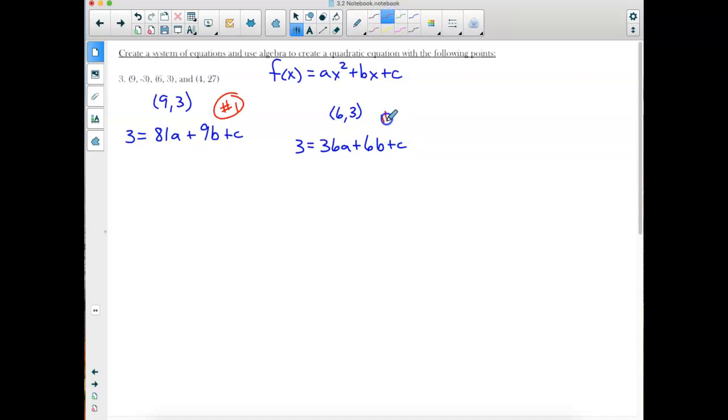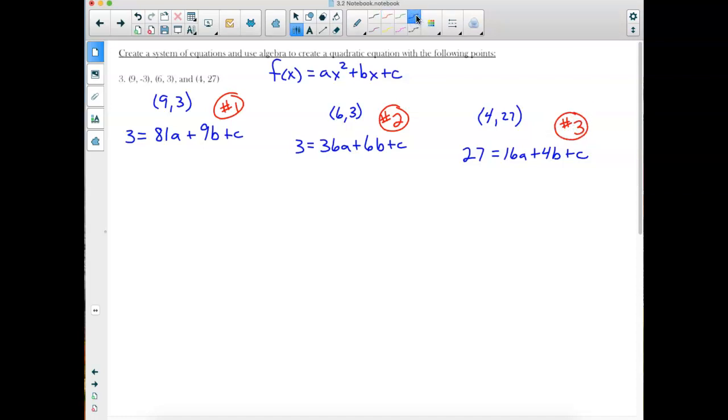That's going to be number 2. And then I'm going to take my last point of 4, 27, and I'm going to say 27 equals 16a plus 4b plus c. You guessed it, that is number 3.